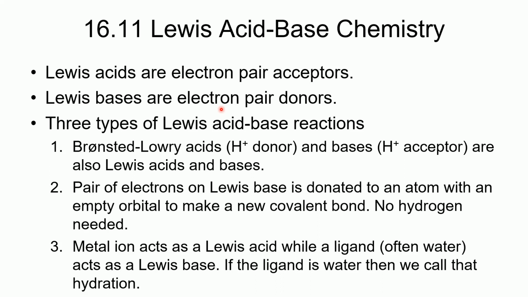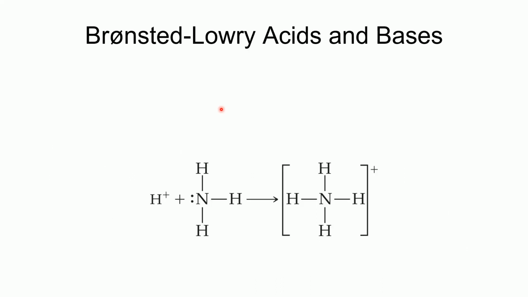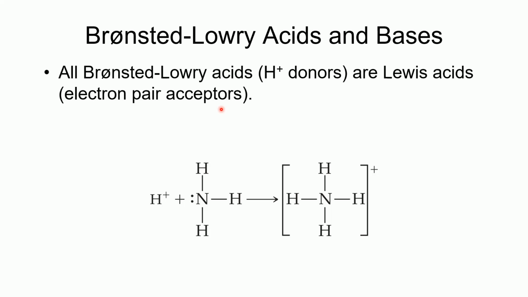So let's look first at the Bronsted-Lowry type reactions. So here is a Bronsted-Lowry reaction. I just have H+. That H+ could be attached to something else. But here, if we've got a Bronsted-Lowry acid, something that is an H+ donor, and this could be either by itself, but it also could be on something like HCl.